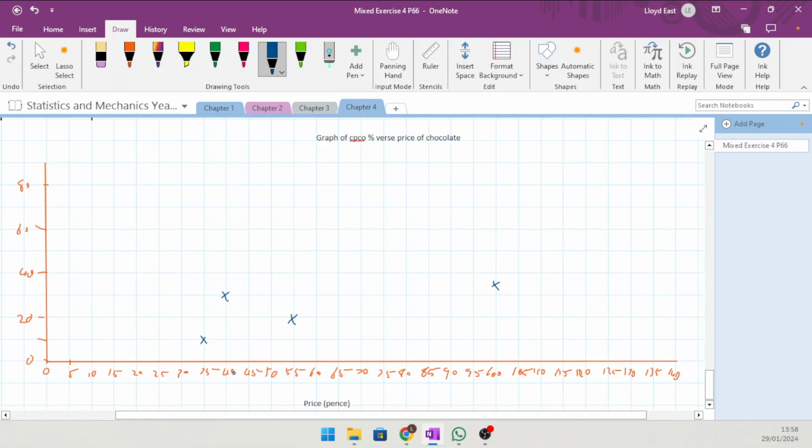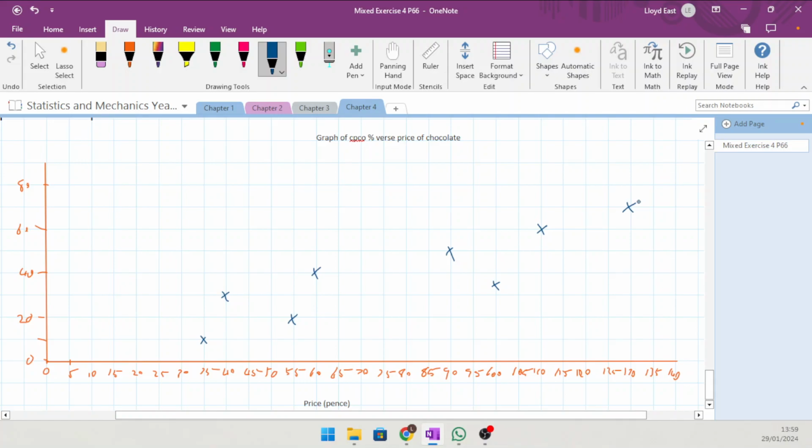No, 60 pence and 40. 50% and 90. 60% and £1.10. And 70 and 130, yeah, there, isn't it? Yes. Okay, there we go. Draw scatter.